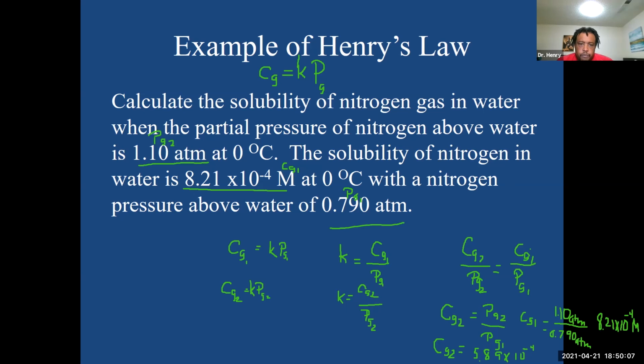So 1.10 divided by 0.79 times 8.21. Actually, it should be CG2 should equal 1.14 times 10 to the minus third molar.